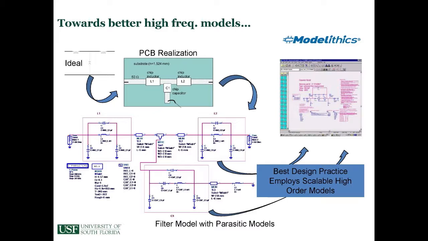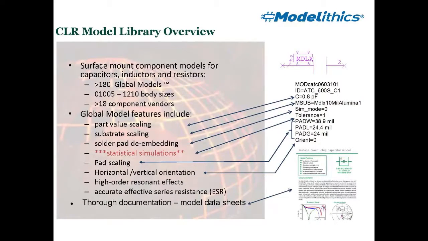So the inputs to the model also include the board effects. The models that I'll demonstrate here have as input the nominal capacitance, for example, this is a capacitor model, but also substrate information. There's a simulation mode that allows you to set it as an ideal capacitor or a full parasitic model, and there's also a simulation mode that allows you to de-embed the solder pads out, in case you want to combine the models with an electromagnetic analysis tool like Momentum, and you want to use Momentum to simulate your trace effects, including the solder pads.